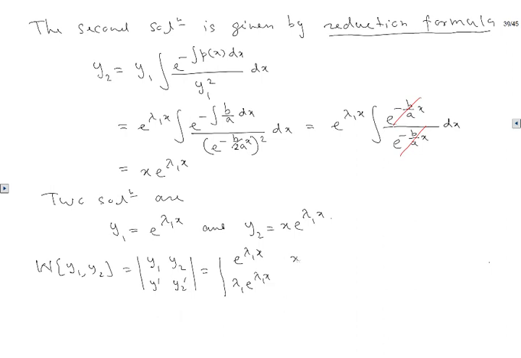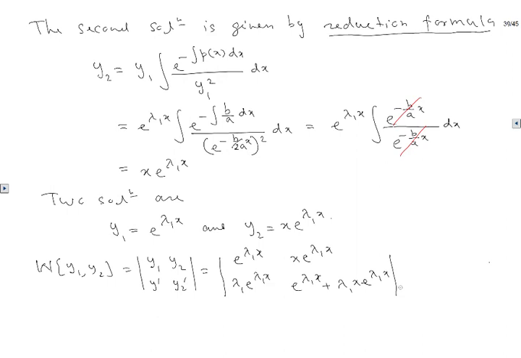The other one is x e lambda 1x. If you take the derivative, it is e lambda 1x plus lambda 1 x e lambda 1x. Now if you expand this, you can see what's going to happen.